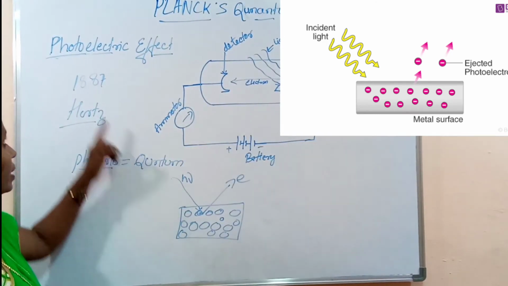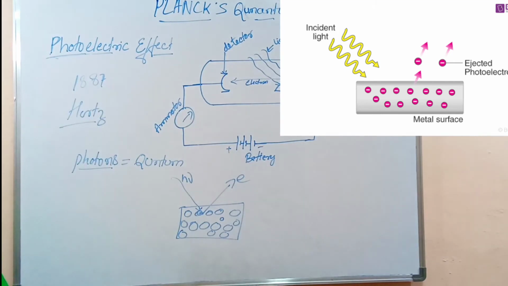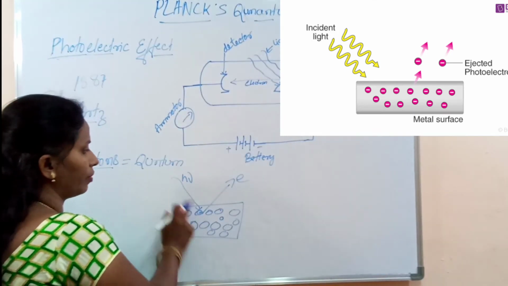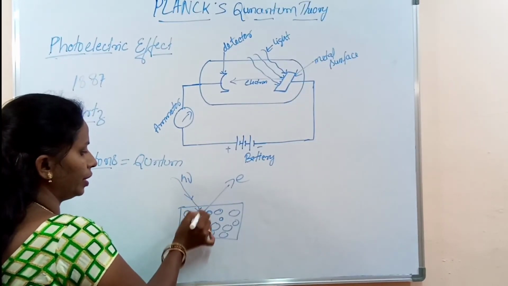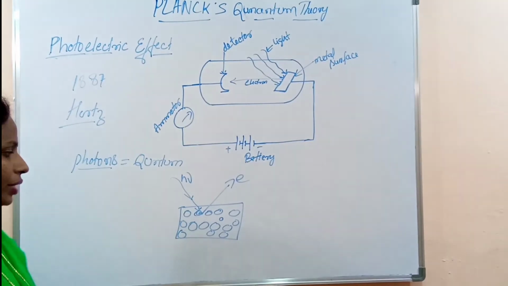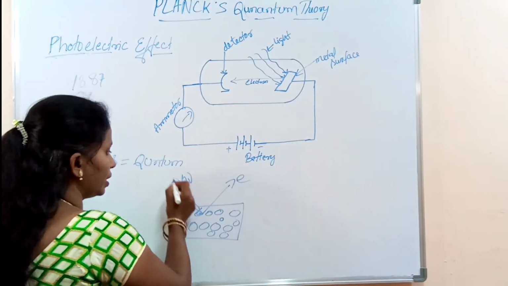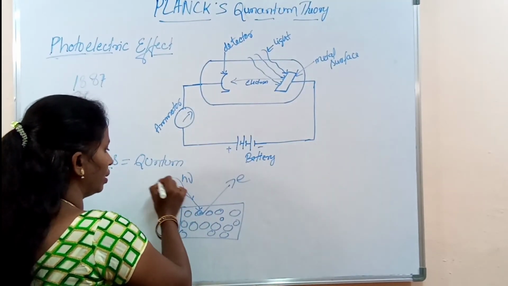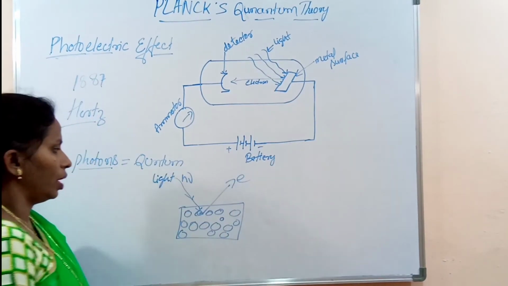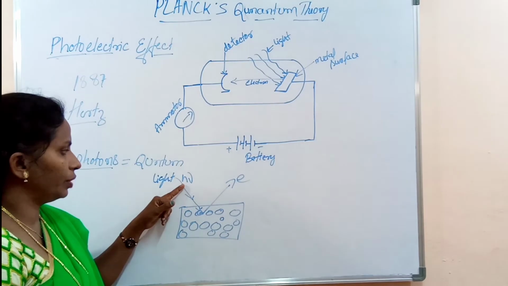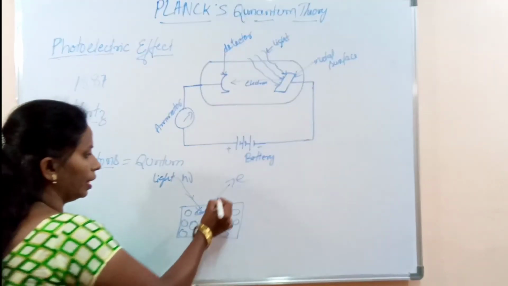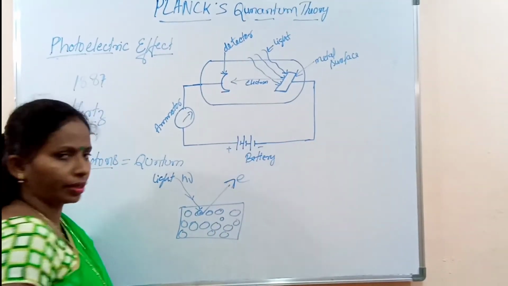That phenomenon is called the photoelectric effect. The ejection of an electron from a metal surface when light radiation is incident on it is called the photoelectric effect. When radiation with energy hν is allowed to fall, there is an ejection of an electron.